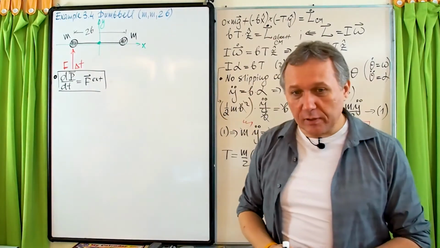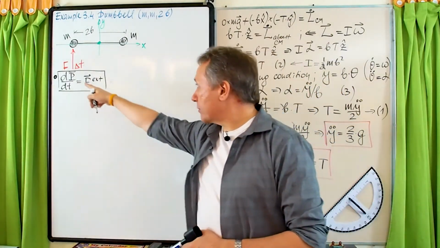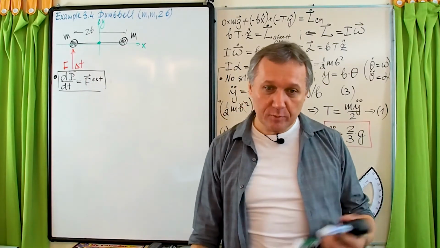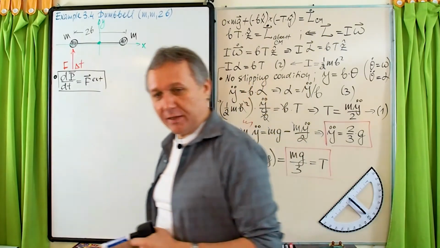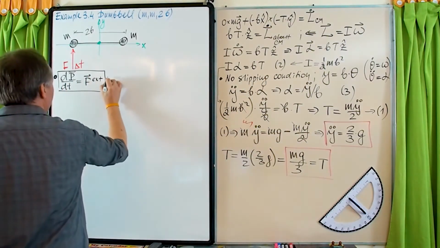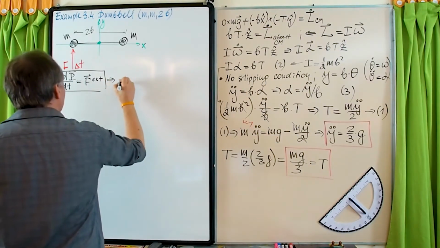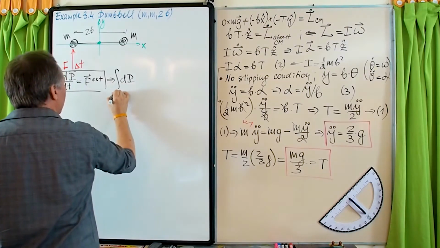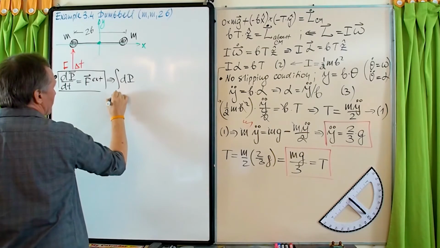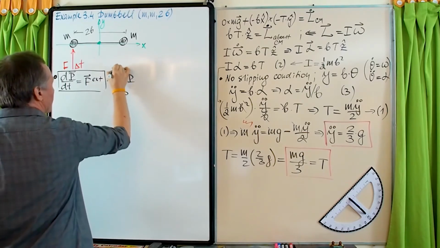So if we integrate it, it will allow us to calculate the amount of linear momentum donated to the system. I can rewrite it as dP from t equals 0 to delta t.